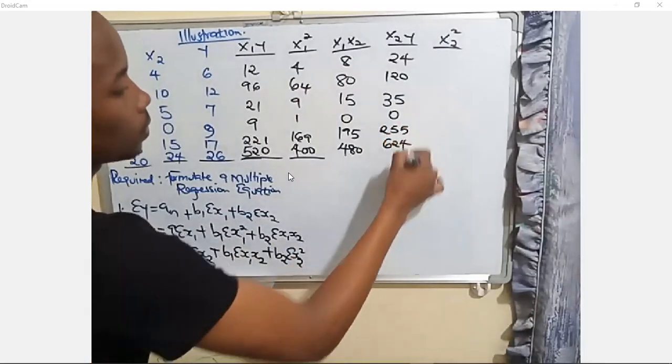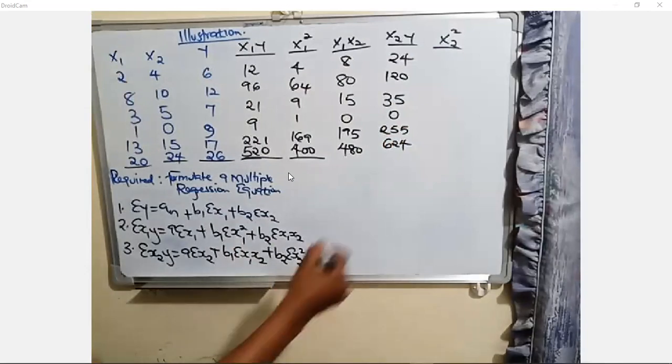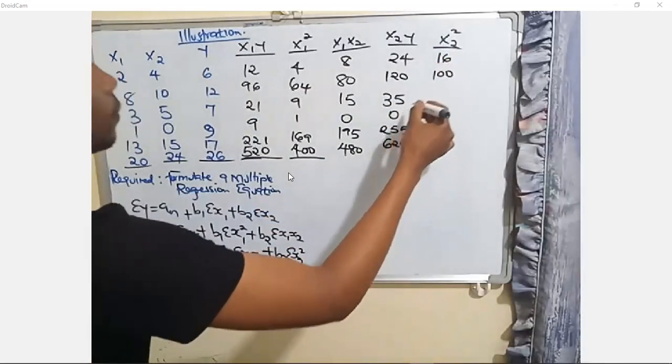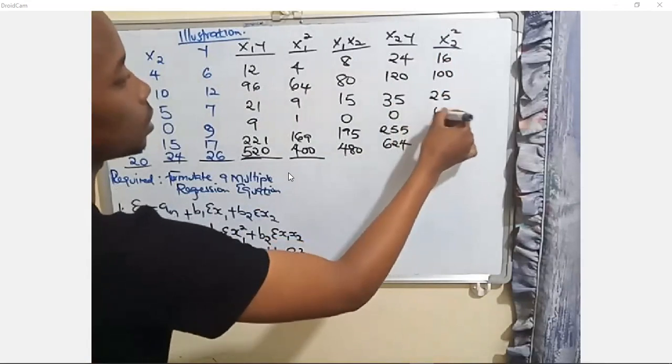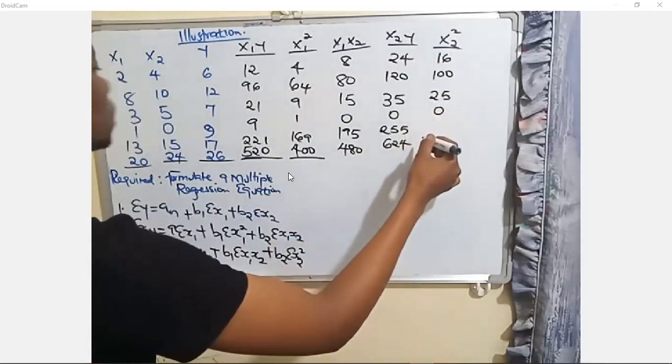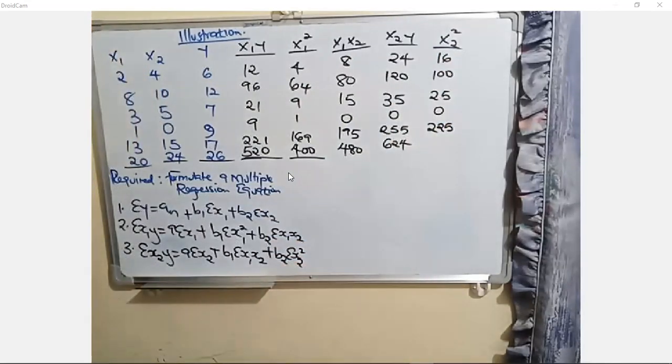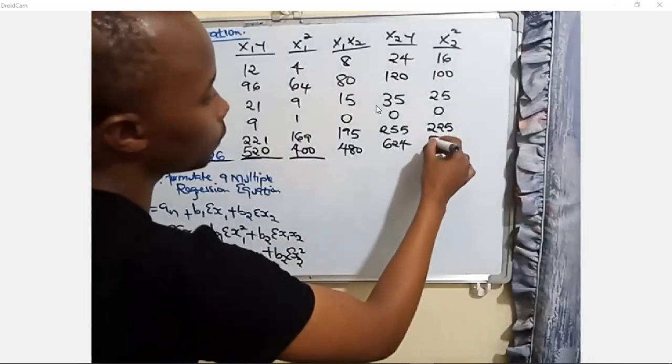The last one, 1600, 250. We also have 225, if I'm not wrong. 24 squared is 576.